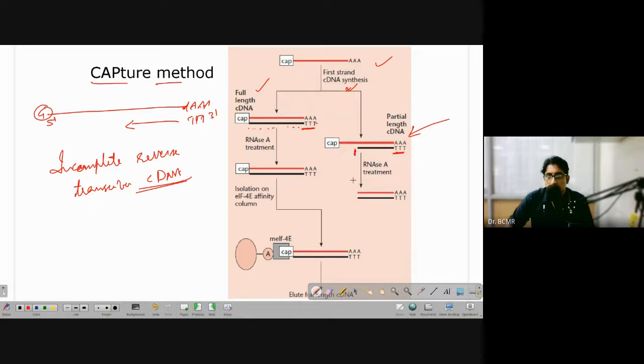Reverse transcriptase only synthesized till there, and this region has not been reverse transcribed. So to the reaction, we would add RNase A. RNase A is single-strand specific. Wherever it finds single-stranded RNA, it would cleave that.